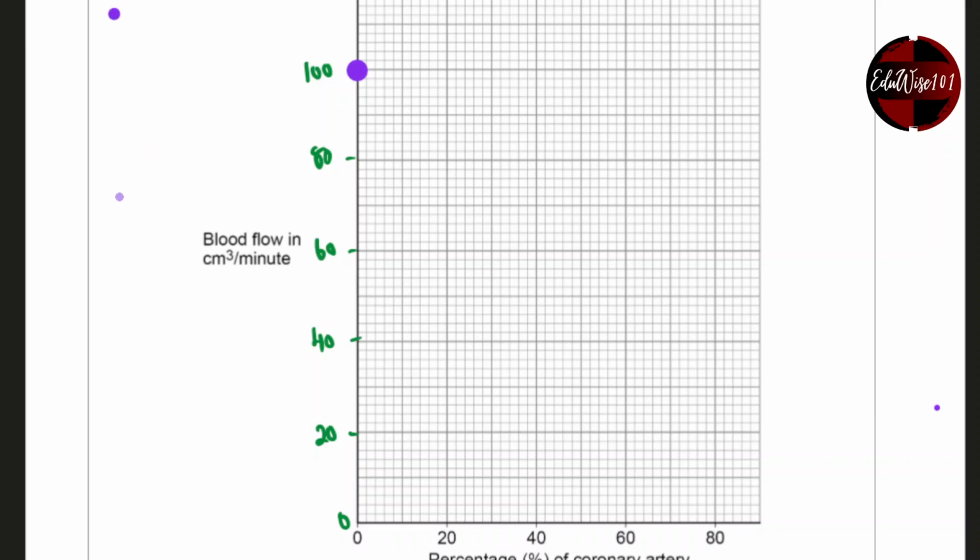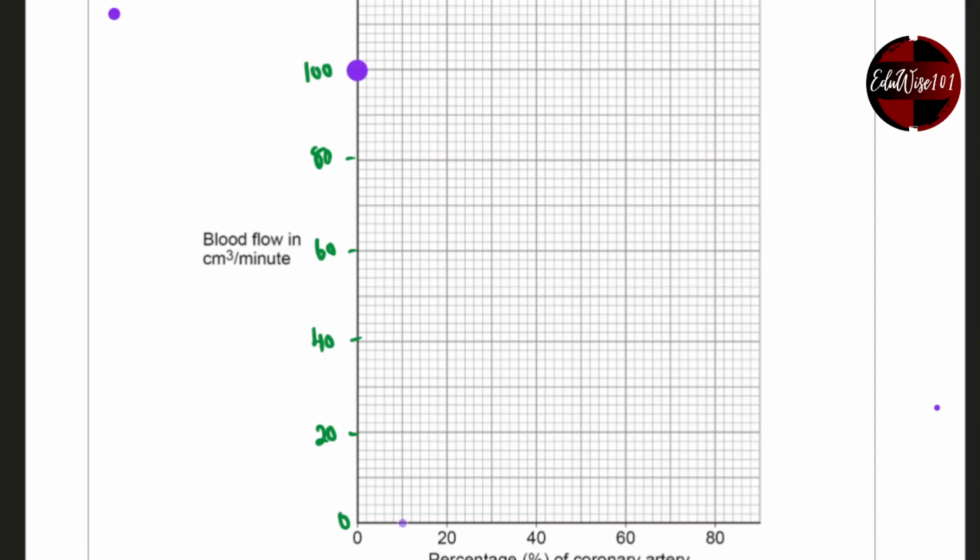How about the size? Yeah, that's better. So at 10 it's 64. So each box is, if that's 10, each box is 2, isn't it?